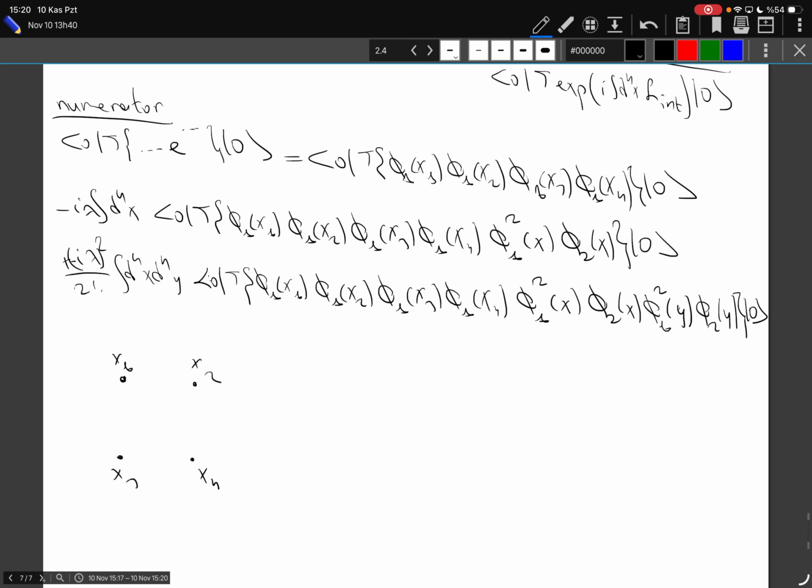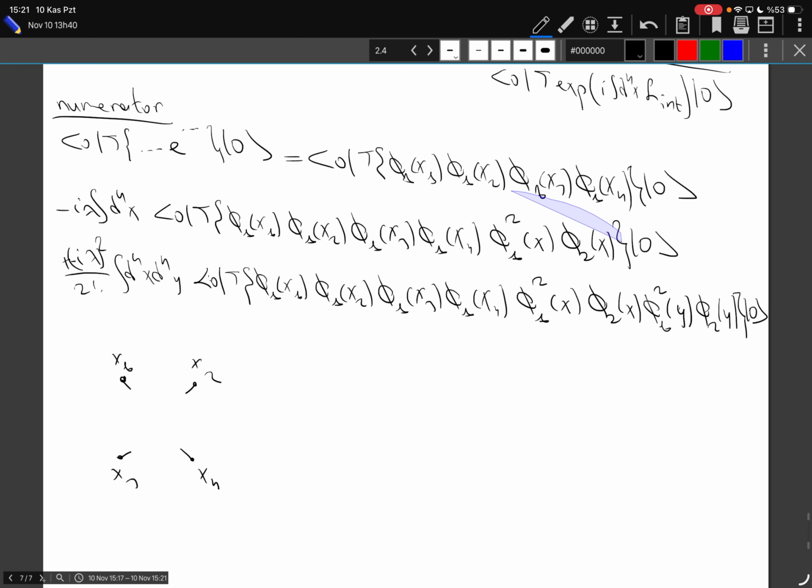At each one of these x1, x2, x3, x4s, I have one phi 1 type particle. Let me just draw a partial line over there. Remember, phi 1 kind of particles, I'm using them using lines. Phi 2 kind of particles, I'm showing them as wavy lines.